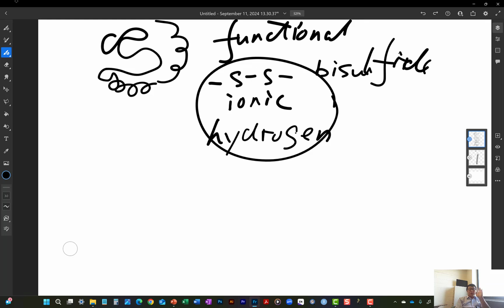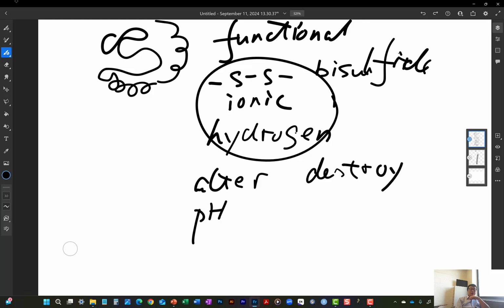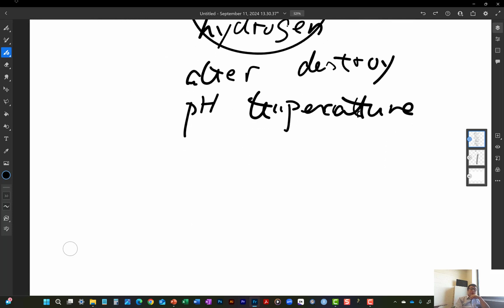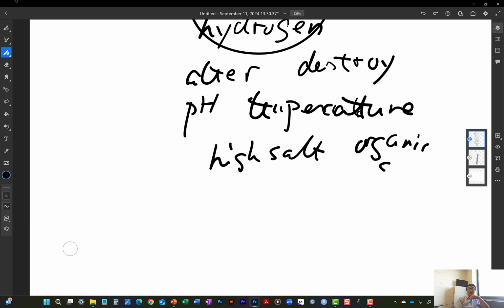Different proteins are different, but in most proteins, this kind of bond, especially the hydrogen bond, can be changed, altered, or even destroyed by extreme conditions, such as pH, temperature, pH too low, temperature, and sometimes even high osmotic stress, like high salt, or organic solvents.